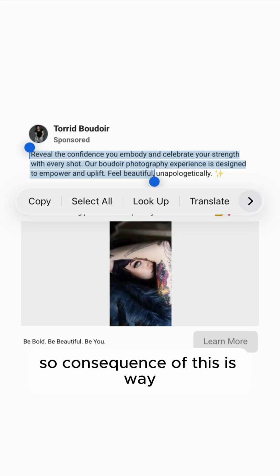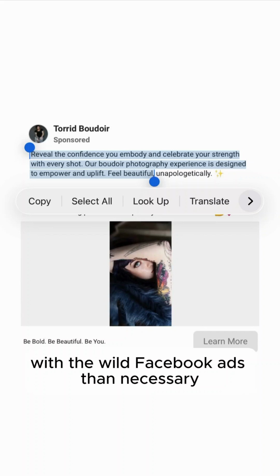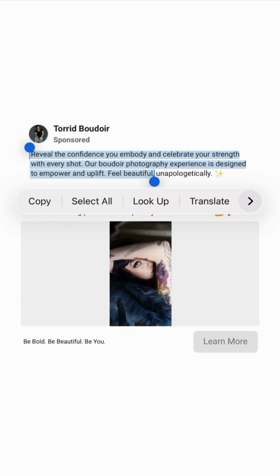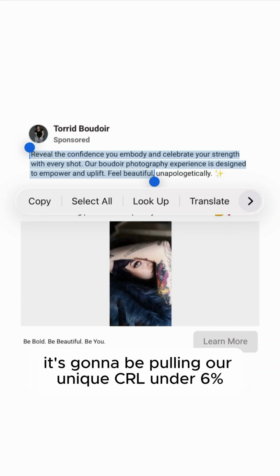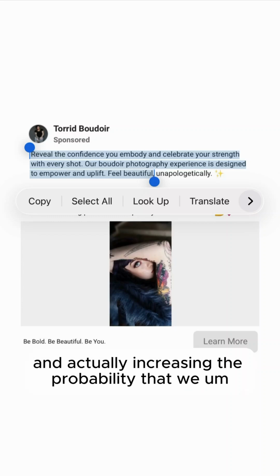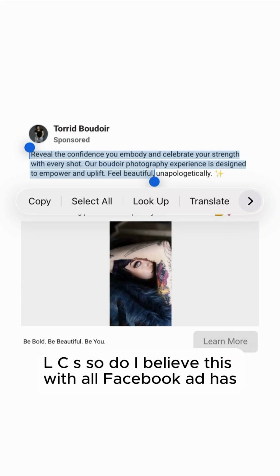So the consequence of this is way more women gonna be scrolling by our Facebook ads than necessary, and as a result, it's gonna be pulling our unique CTR under 6% and actually increasing the probability that we have BLCS.